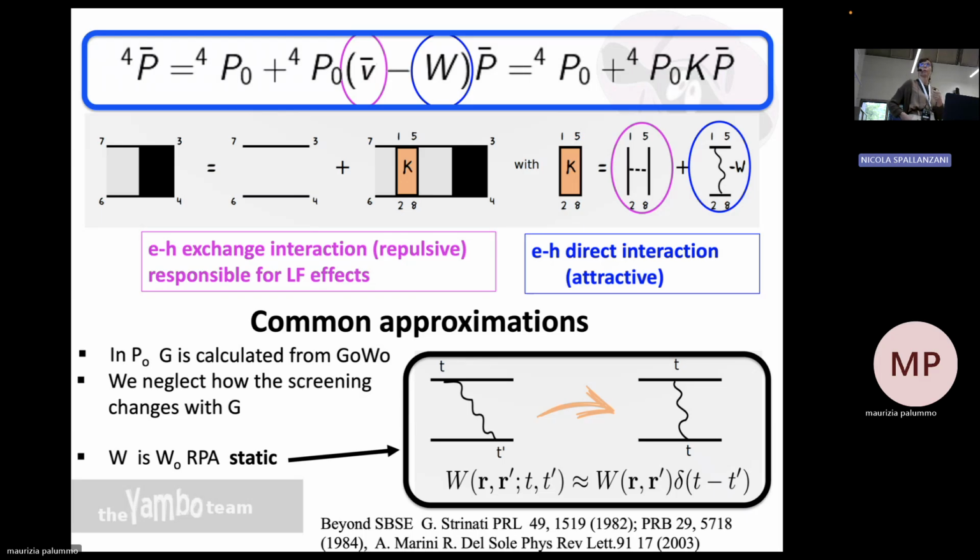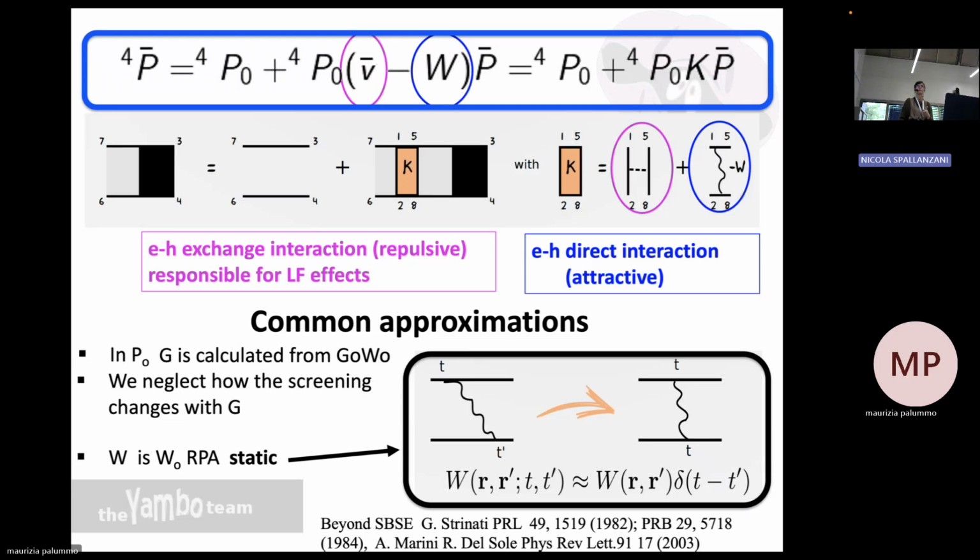One approximation that all codes normally make is that P0 is calculated with W0, which is what we have seen until now theoretically. Then we neglect the dependence of W on G, the second term in the functional derivative.